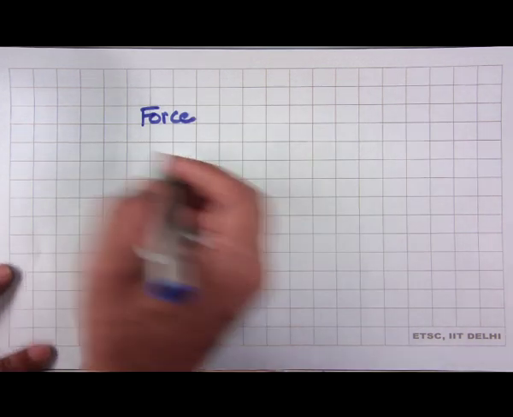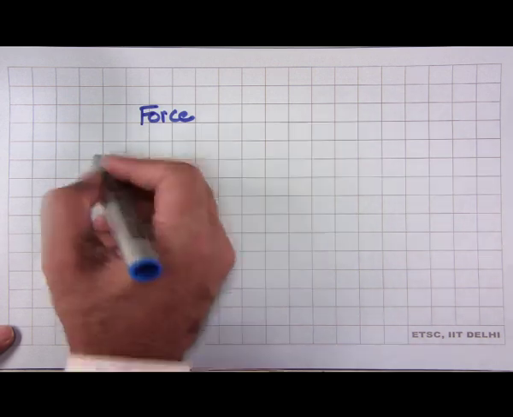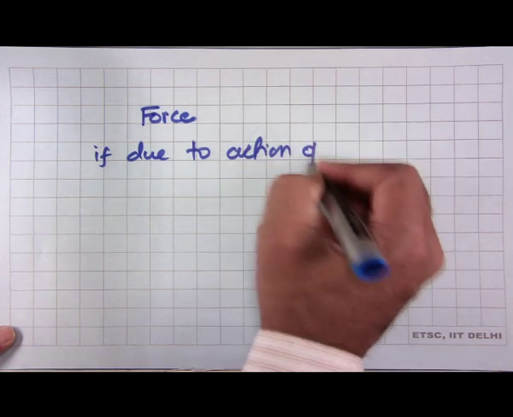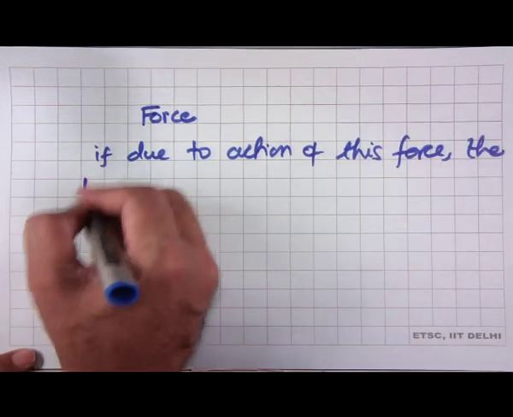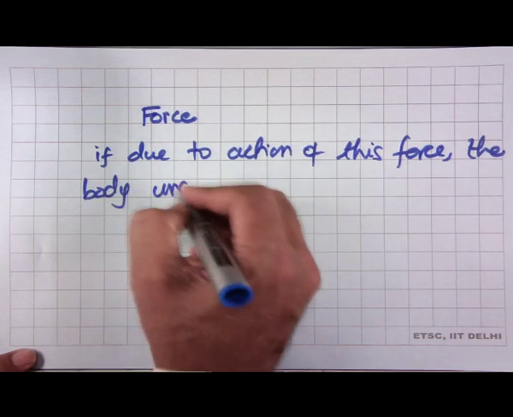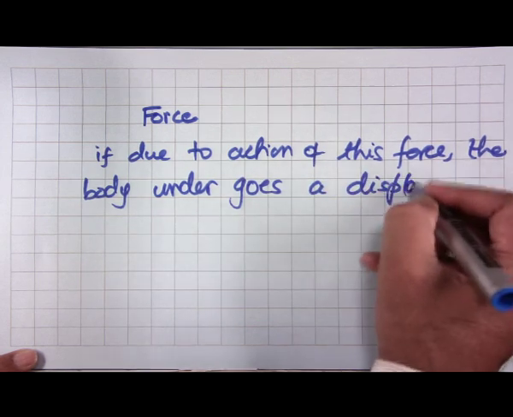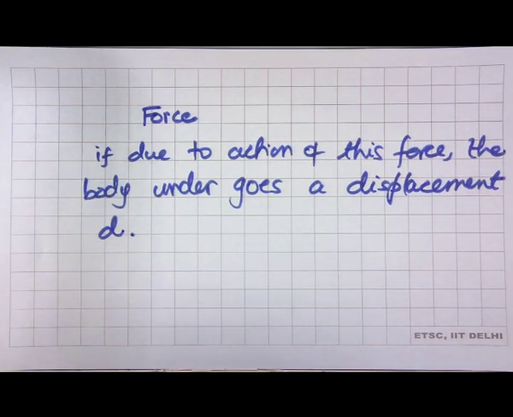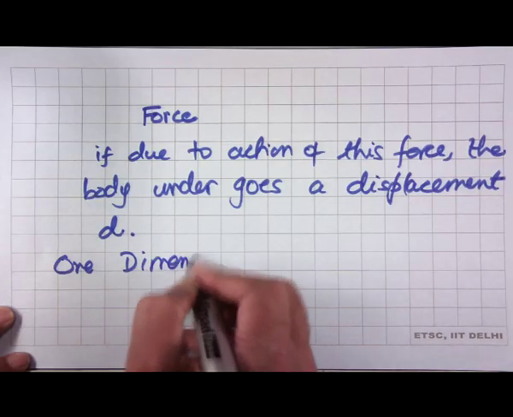What we also need is, if due to the action of this force the body undergoes a displacement d. Let us start in a simple sense by looking at the one dimensional case first.